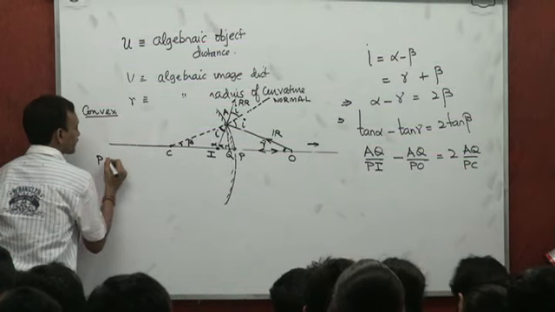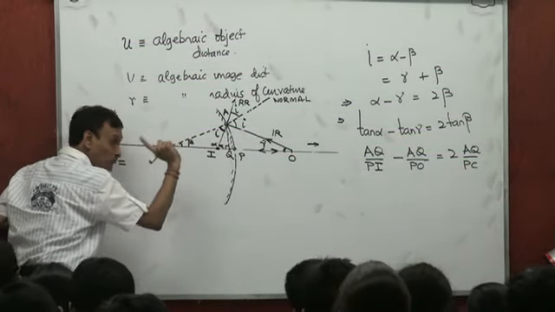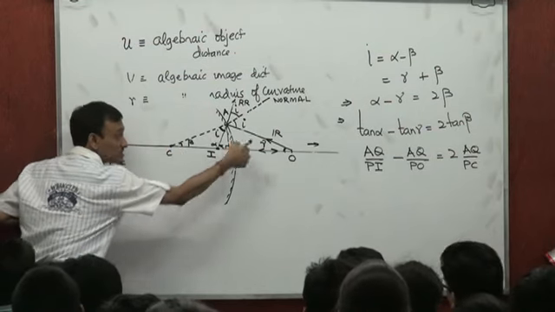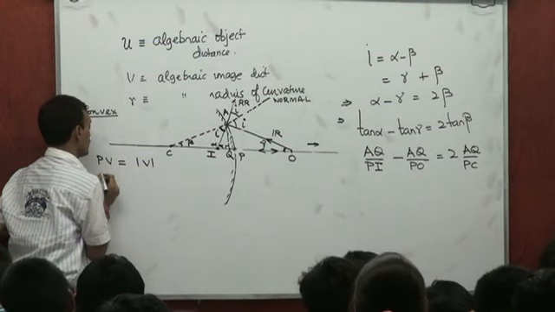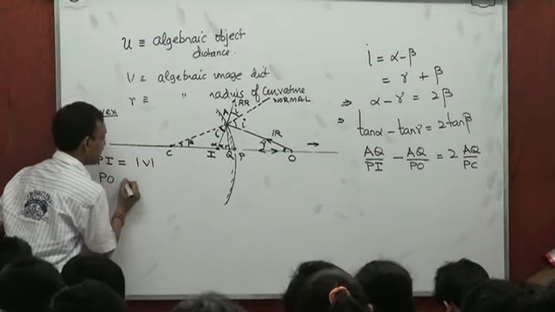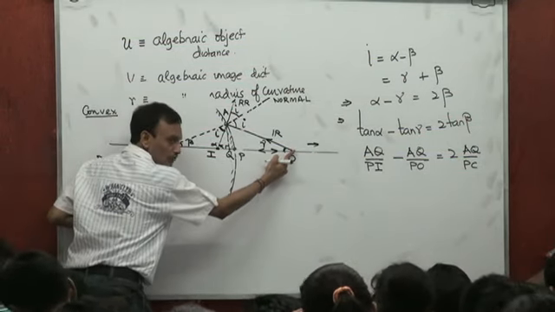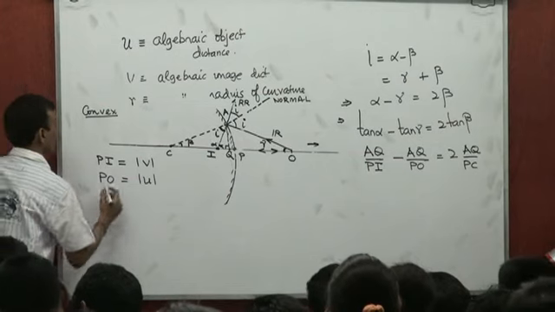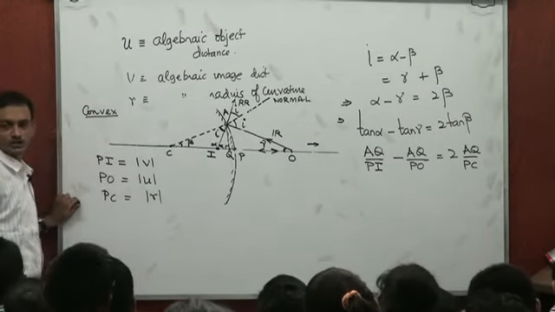PI is the magnitude of the image distance, not V, but the magnitude of the image distance, so mod V. PO is the magnitude of the object distance, and PC is the magnitude of the radius of curvature.